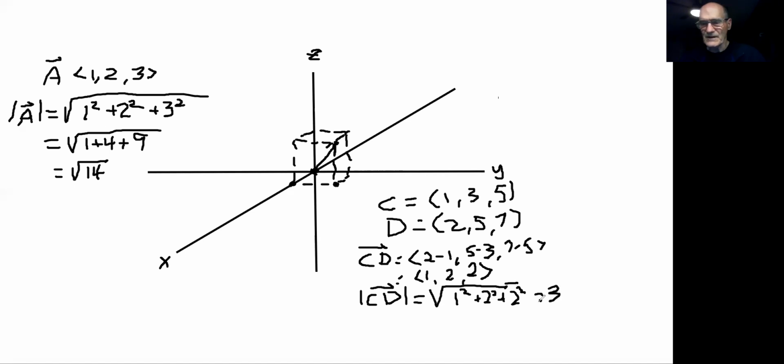So the vector that goes from 1, 3, 5 to 2, 5, 7 is the vector 1, 2, and 2, and it has a magnitude of 3.